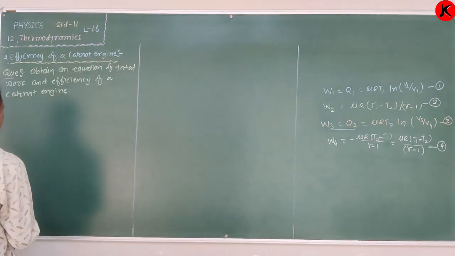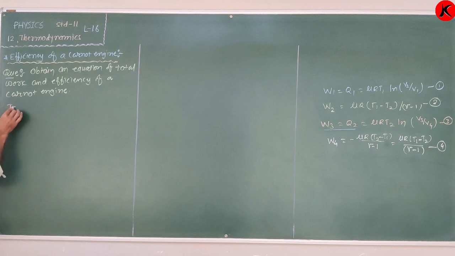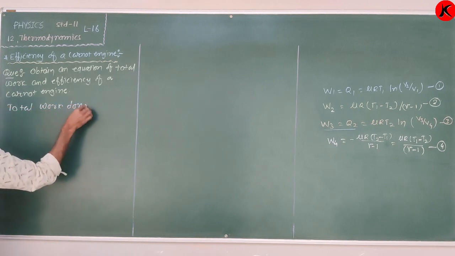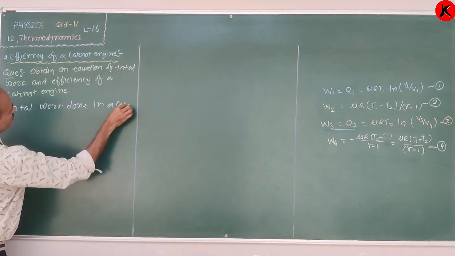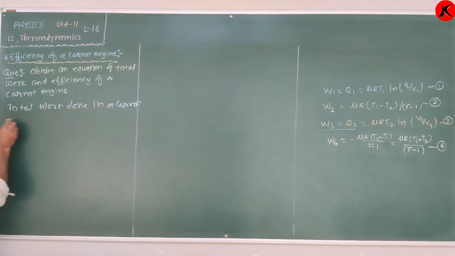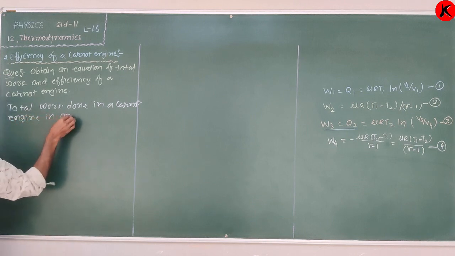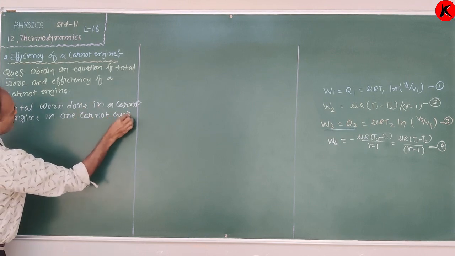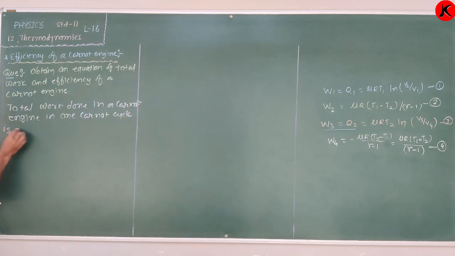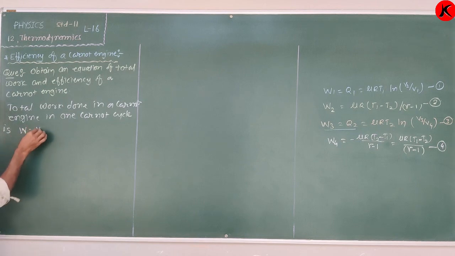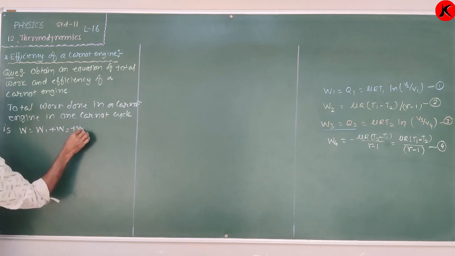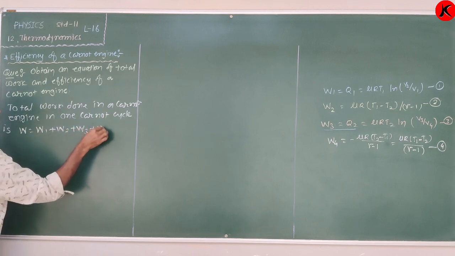Therefore, the total work done in a Carnot engine during one Carnot cycle is W = W1 + W2 + W3 + W4.